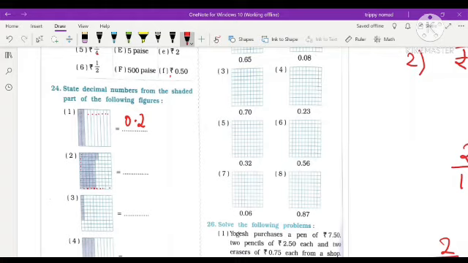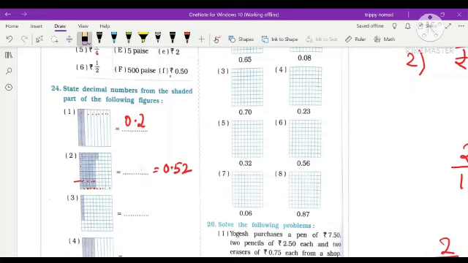Let us see how many squares they have shaded. They have shaded, children, 5 complete lines and 2 more squares. That means they have shaded 52 out of 100, that means 0.52 in decimal form.